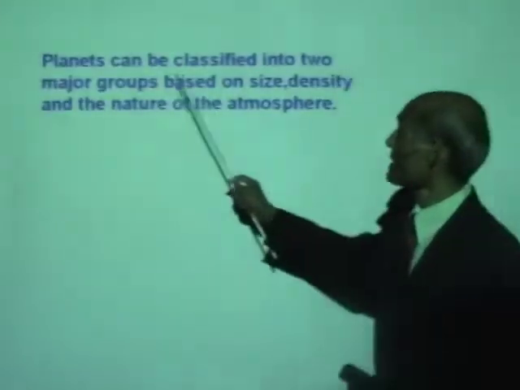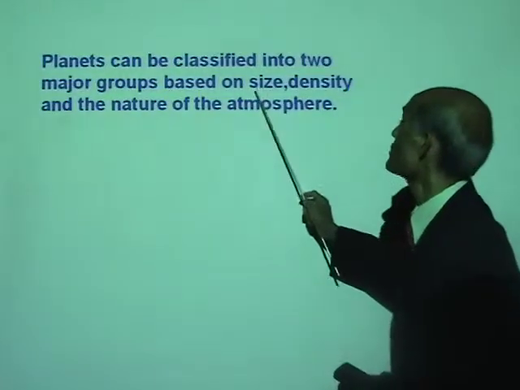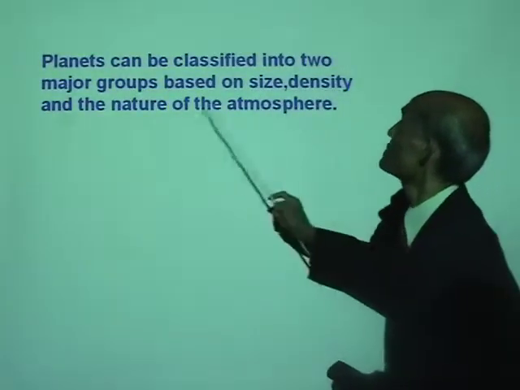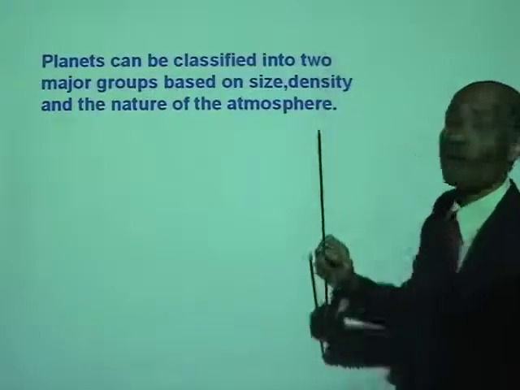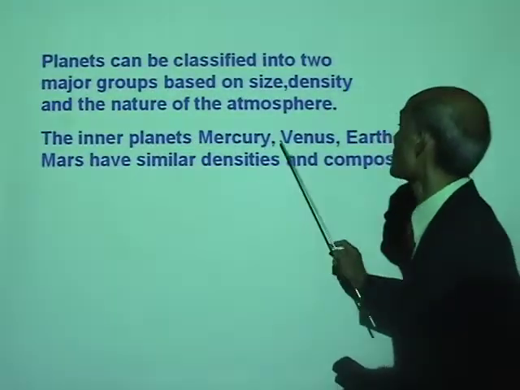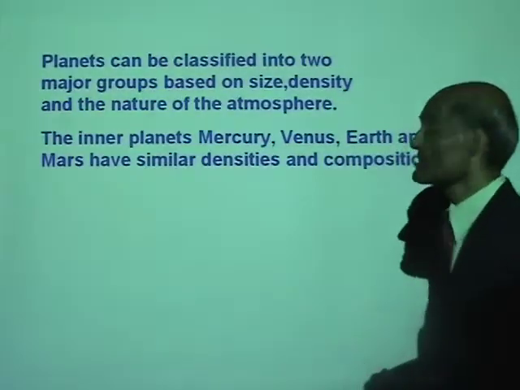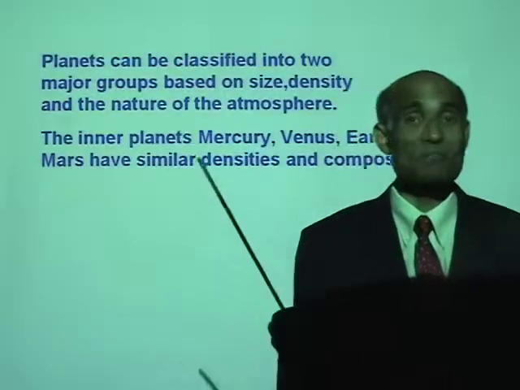Okay, planets can be classified into 2 major groups based on size, density, and the nature of the atmosphere. The inner planets are Mercury, Venus, Earth, and Mars, and they have similar densities and compositions.